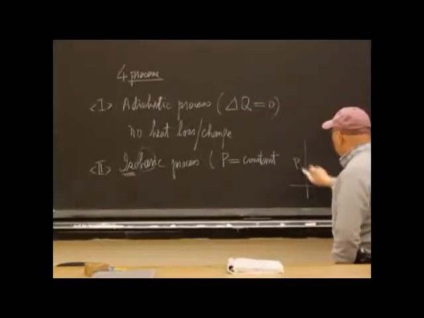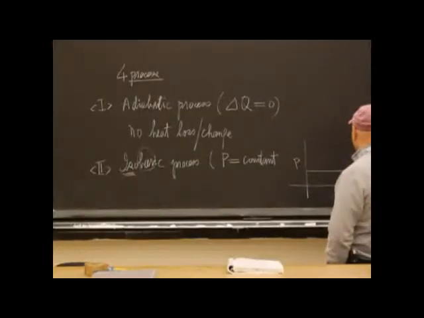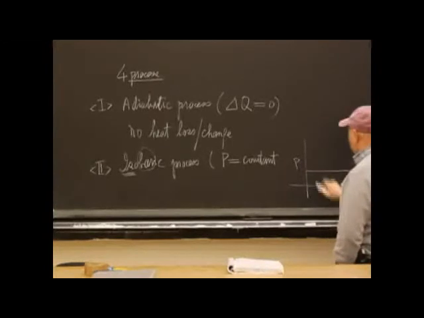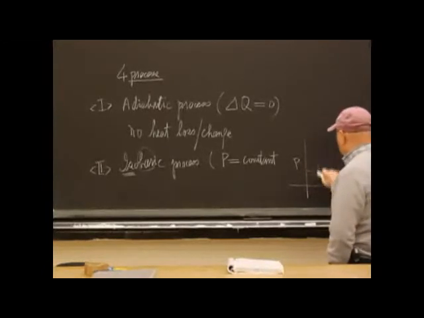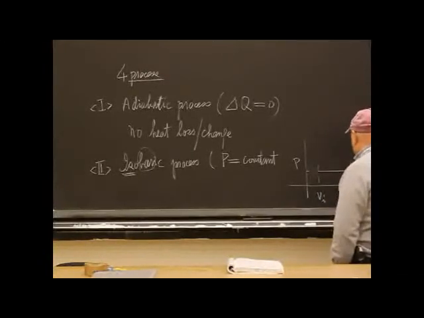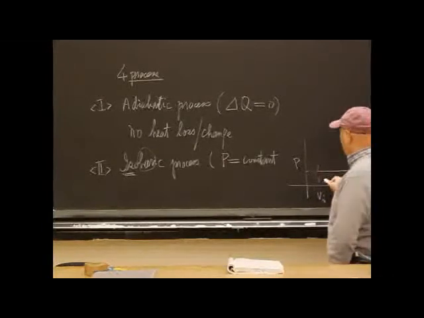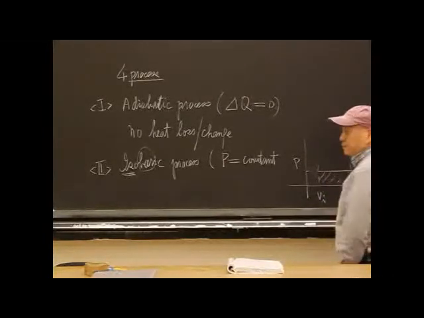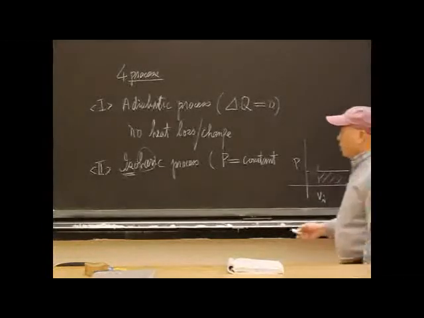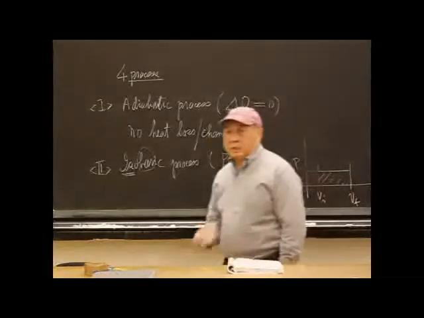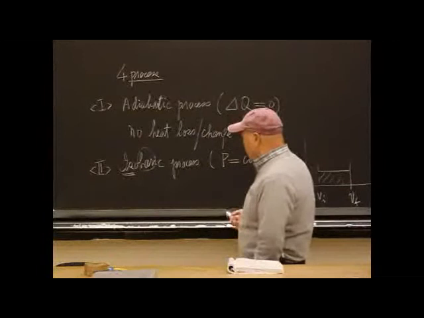This is P, and this is V, maybe V sub I and V sub F. Doing this, then doing the work, the PdV is in this section. So this is an isobaric process, and it can do the work.